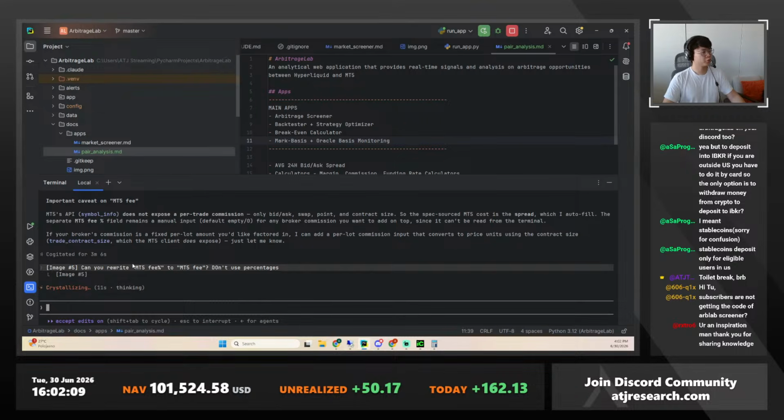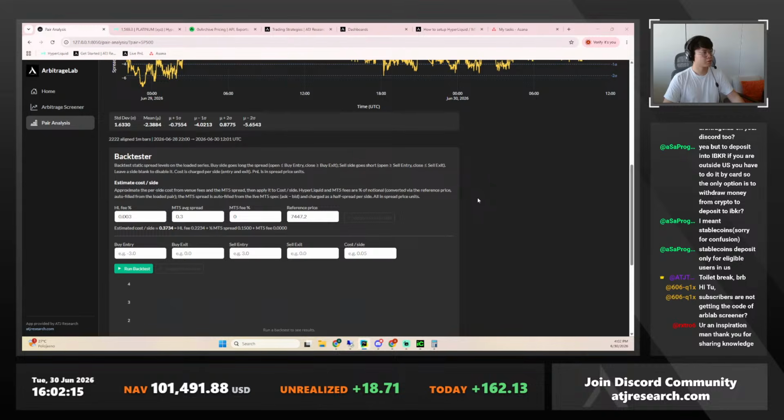So we need to use a manual input. We could add a fee per contract, but I'll just create a manual input, so we can also add it manually.